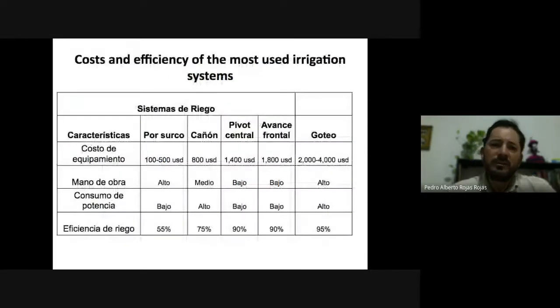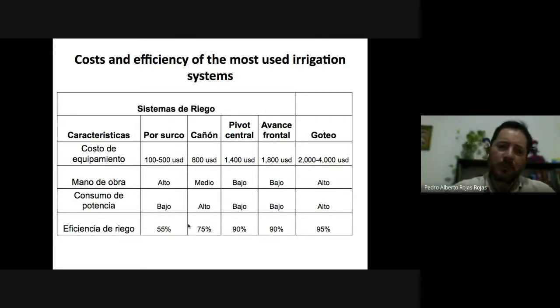So for the cost and efficiency of the most used irrigation systems, in this case, we have some information that you can check, and on the site, which is the most useful system for your situation.